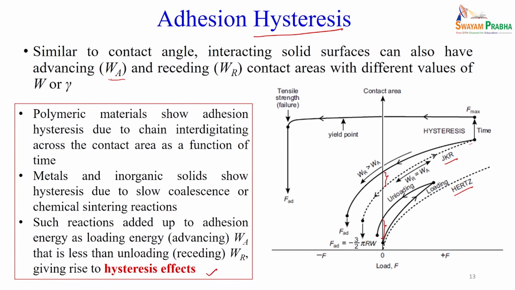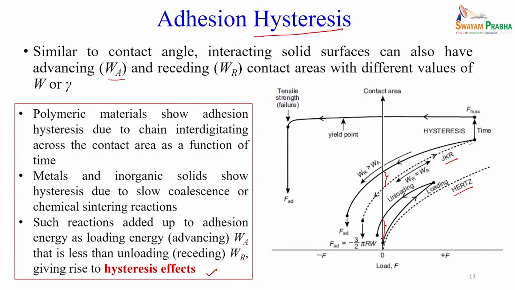If you remember, when we talked about contact angle hysteresis, it was caused by some sort of chemical heterogeneity, or physical heterogeneity, or some change in the surface energy due to adsorption of foreign molecules. Similarly, in the case of adhesion hysteresis, some interactions are taking place.